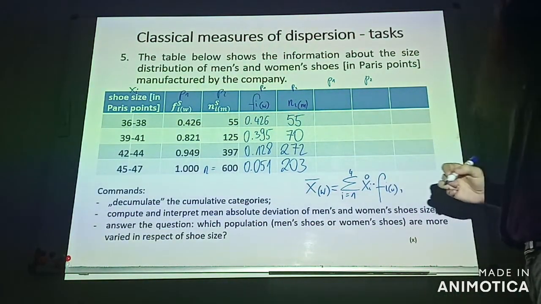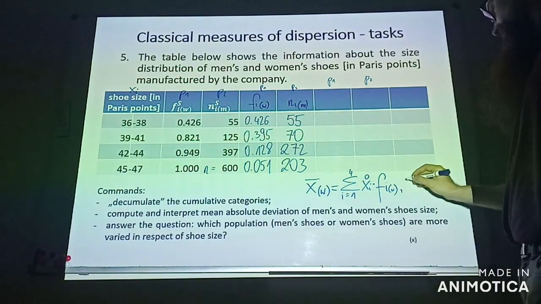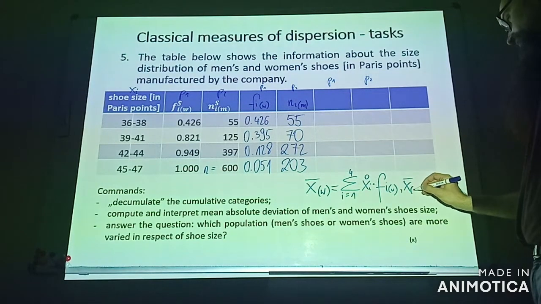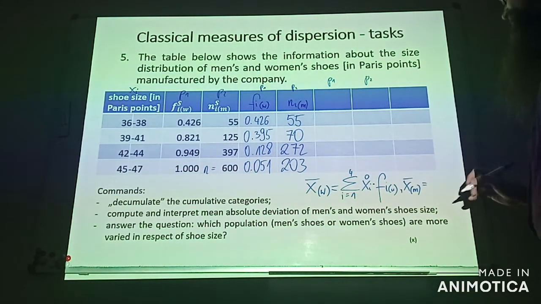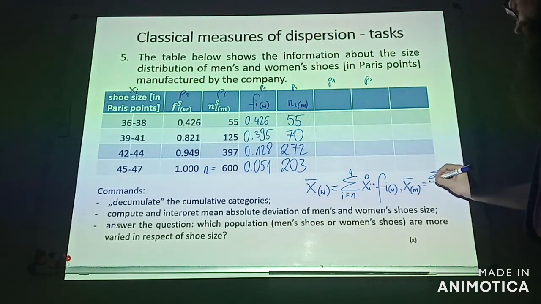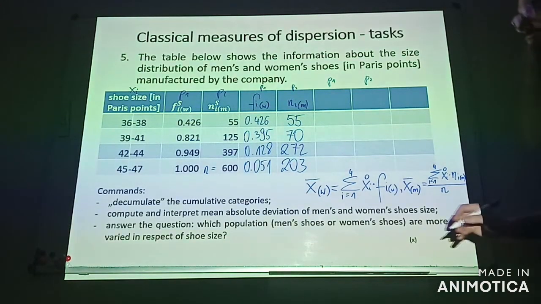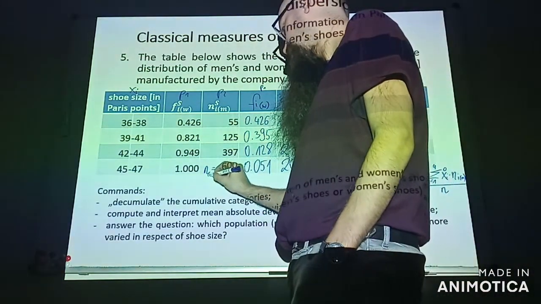If I want to compute the average shoe size for men's shoes, I need to compute first the sum from i equal 1 up to 4 of the middle of the classes multiplied by the frequencies, and divide the sum by the population size, actually with M subscript.